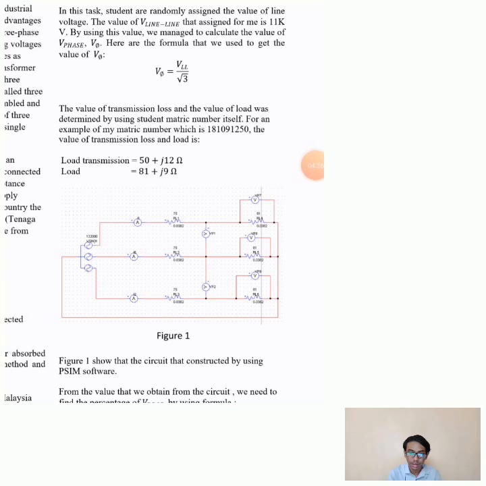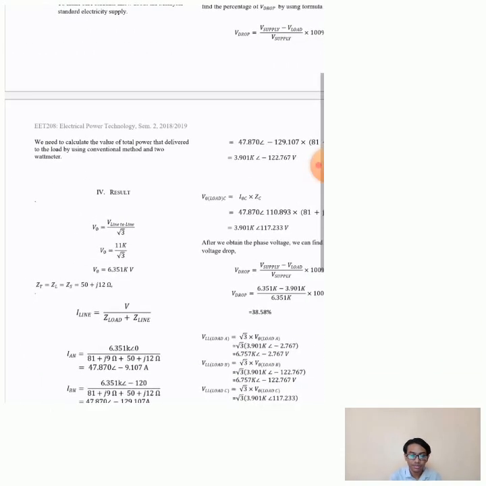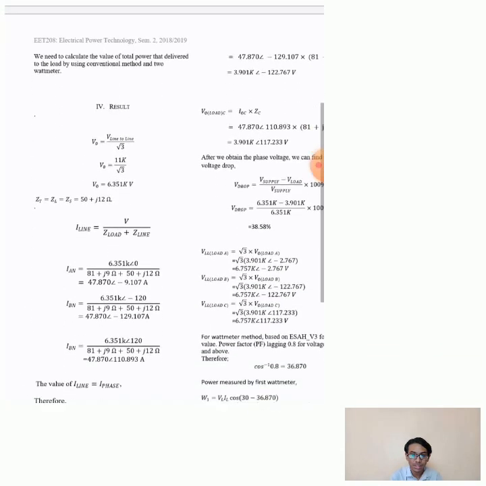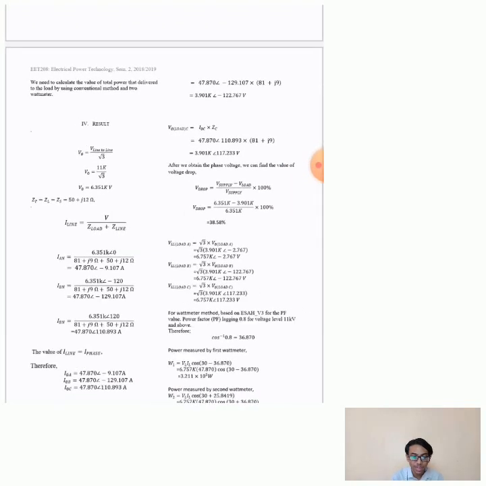About the results. First, we need to calculate the V phase using our V line to line, which given by my lecturer is 11 kilovolts.